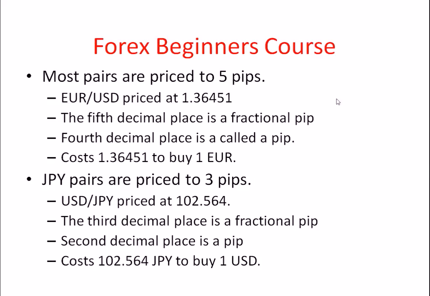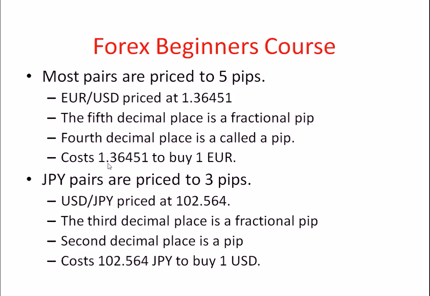So most pairs are priced to 5 decimal places, so this would be an example of a price you may see in the Euro USD. A 1 pip movement would be from 36.45 to 36.46. This is the fractional pip, so down to 1/10. JPY pairs are priced to 3 decimal places, so this would be an example of a price you may see, 102.564.